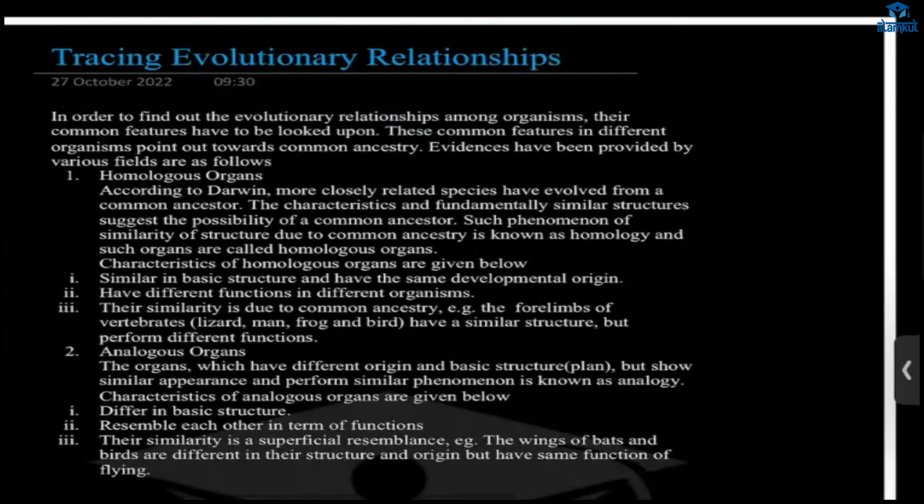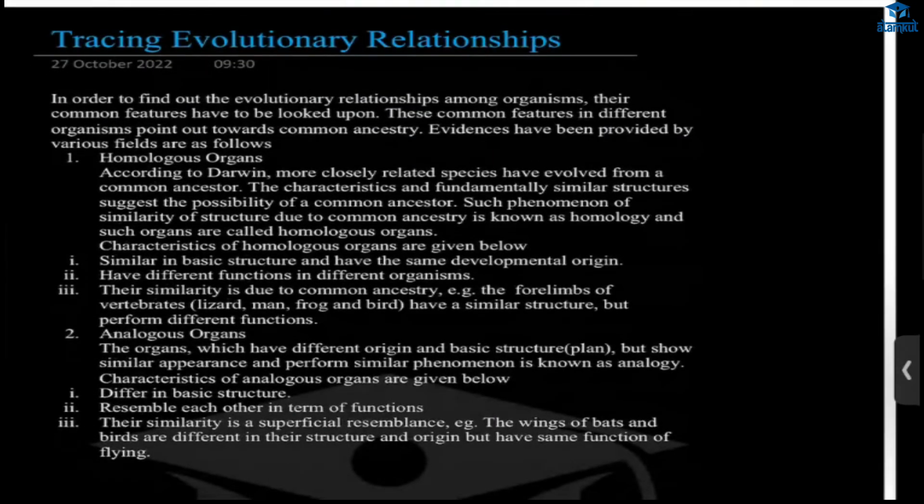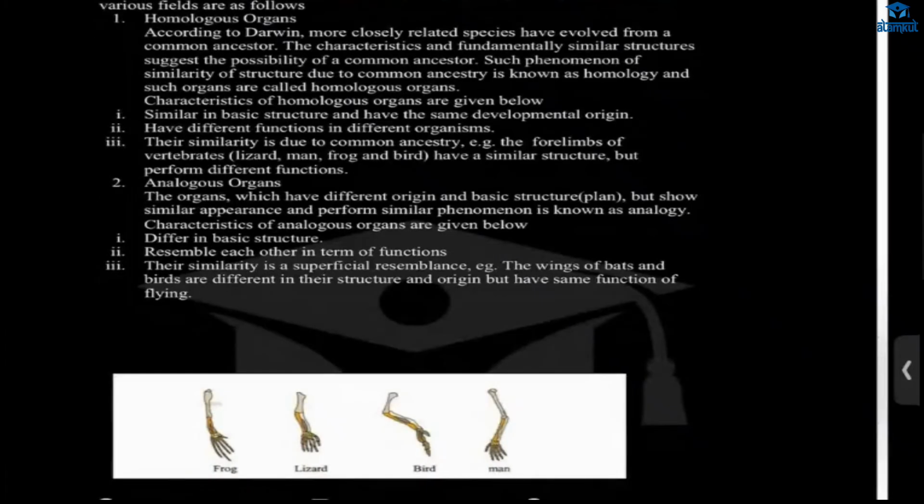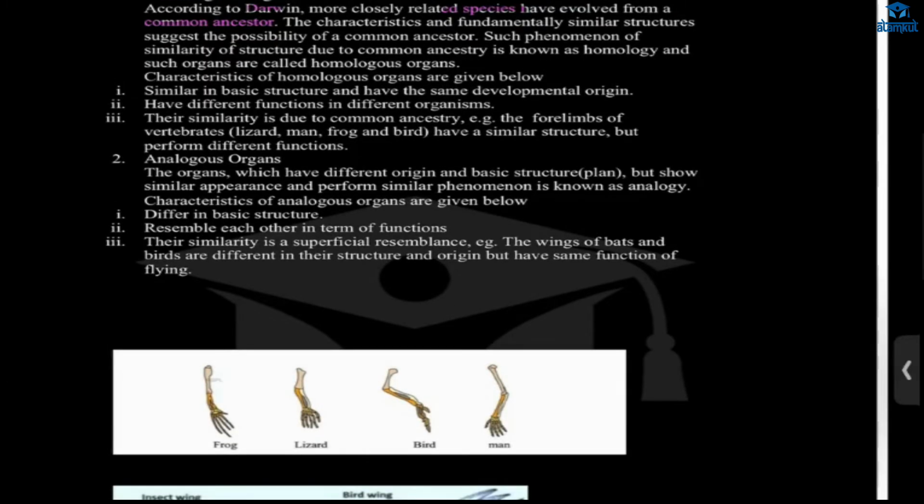Now, tracing evolutionary relationships. In order to do this, we have to look at the common features. According to Darwin, more closely related species have evolved from a common ancestor. So the characteristics and fundamentally similar structure suggest the possibility of a common ancestor.